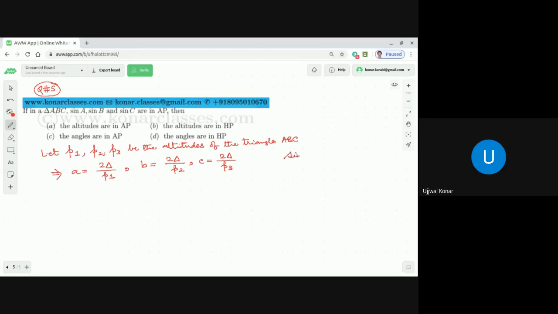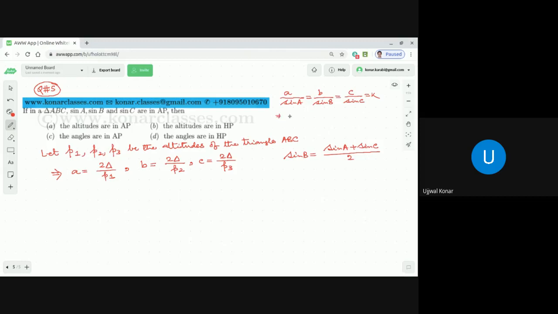One thing we can write is that sine B is equal to (sine A plus sine C) by 2, because sine B becomes the arithmetic mean of sine A and sine C. Now, always remember this thing: a by sine A is equal to b by sine B, which is equal to c by sine C, and we write it as k, where k is a real number.